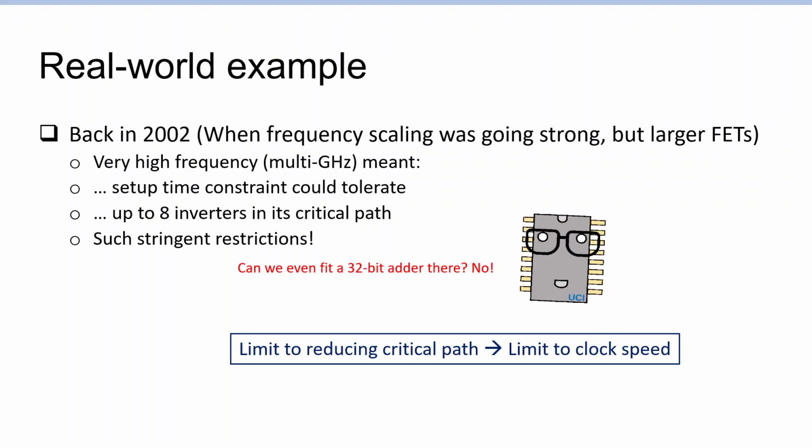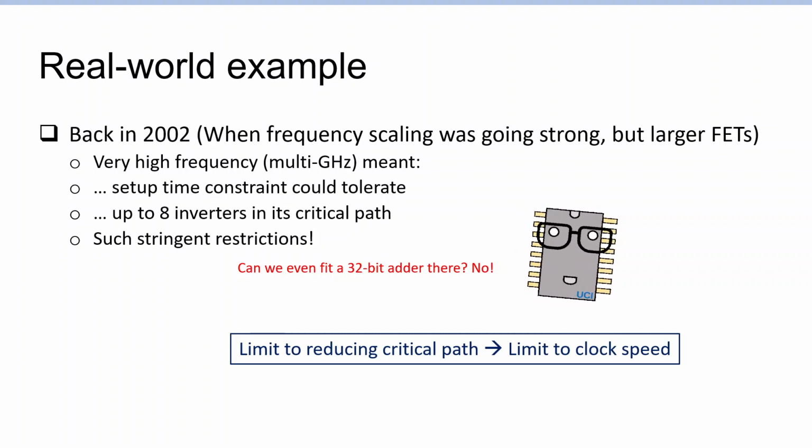But this means the clock frequency constraints we've been talking about so far, and the fact that it is difficult to fit a lot of logic inside such stringent timing restrictions, mean there is a limit to reducing the critical path of a combinational circuit.